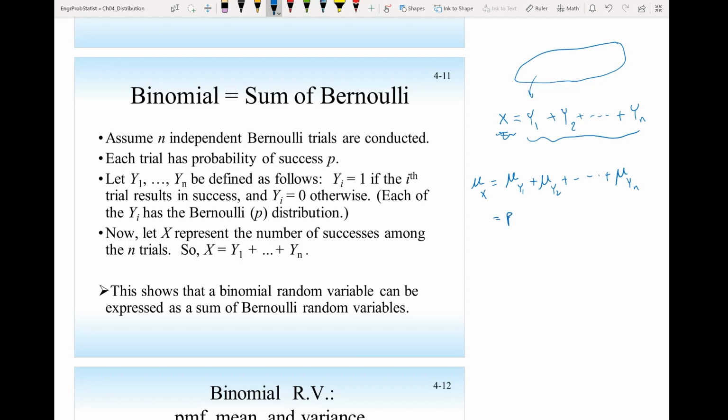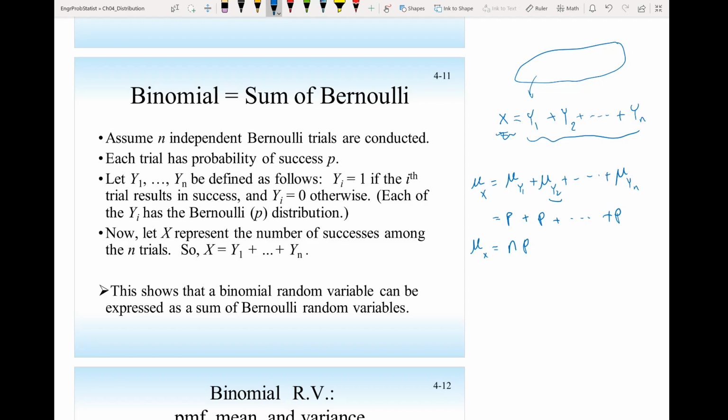So that would be p plus, again, this is a Bernoulli distribution with mean p, plus all the way here p. So I have n of p, so that is np, and that is the mean of the random variable x that has a binomial distribution.